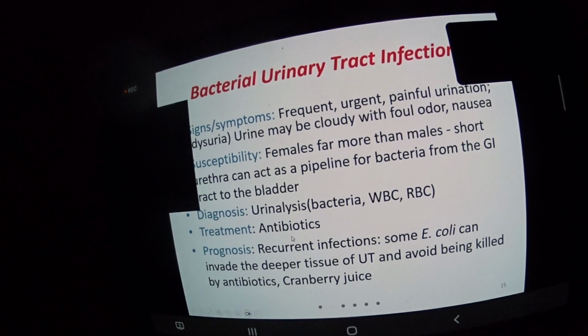Diagnosis, signs and symptoms, they do a urine test, and they are told now by the CDC to do a sensitivity test for the bacteria that causes it, because UTIs are becoming resistant to some of the common antibiotics that are prescribed.